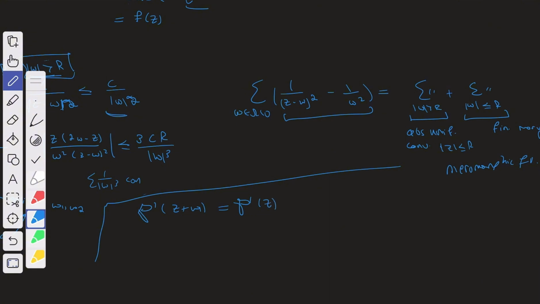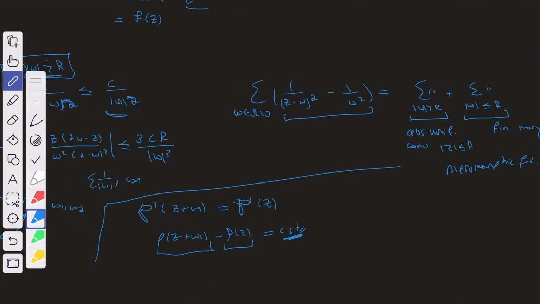Now, the difference of these is a function whose derivative is 0, and thus if we integrate, we get that P(z plus omega 1) minus P(z) is equal to some constant. The only thing we have to do now is prove that this constant is 0, because if we manage to prove this, then P at z plus omega 1 will take the value P at z, and it'll be periodic.